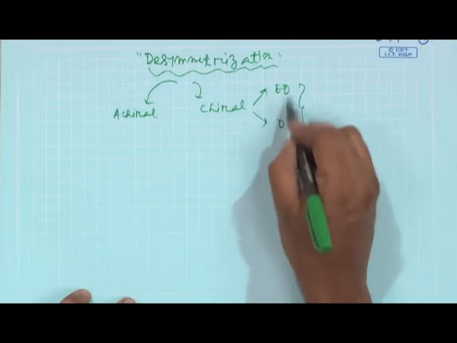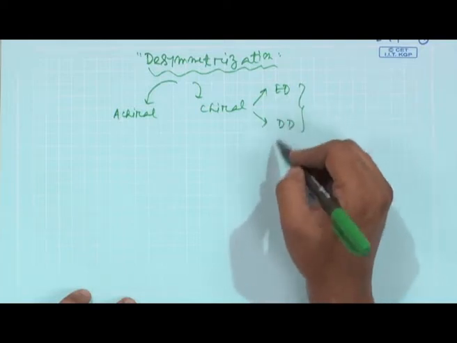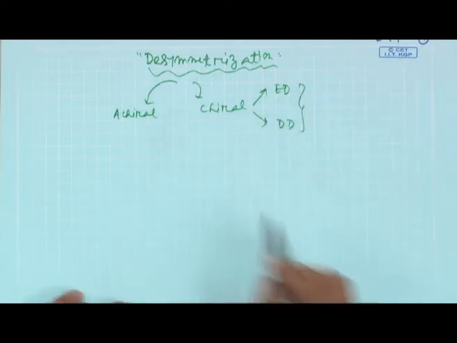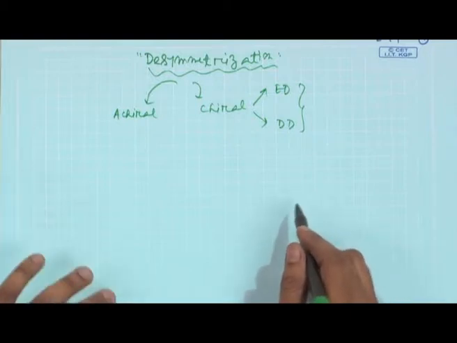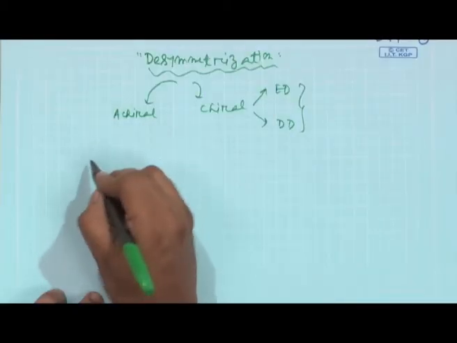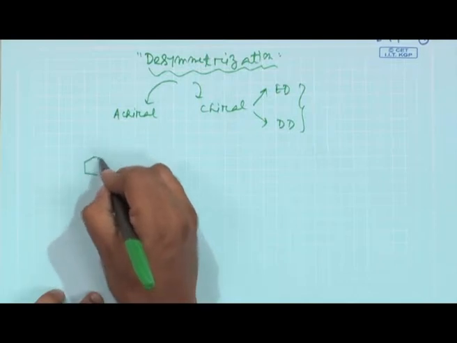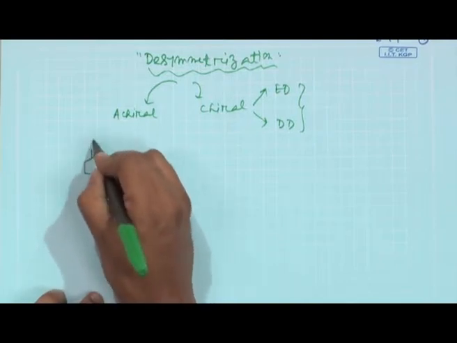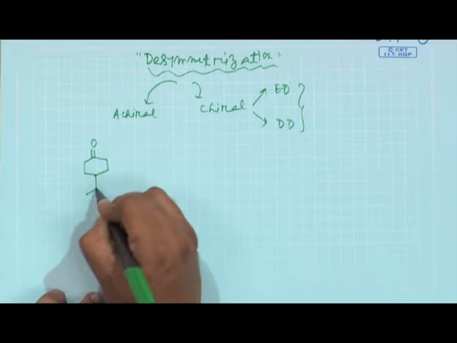We probably will talk about a few examples of ED and DD later on, but now, if you consider what exactly a desymmetrization is, I will talk about a very specific example. I am saying that you have this compound.